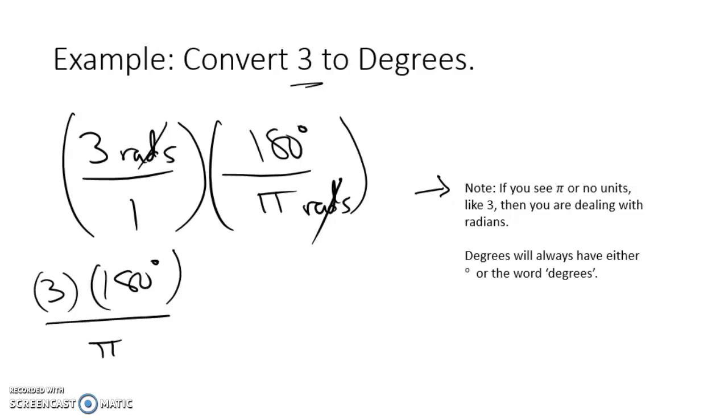Now I need to change this to a decimal, and I'm not going to put the whole decimal, but I'm going to get close to the number. It's roughly around 172, and that's why I put these squiggly lines right there. That means it's an approximation. It's not exactly this number right here. I'm just not writing the decimals. But 3 radians is close to the same thing as 172 degrees.